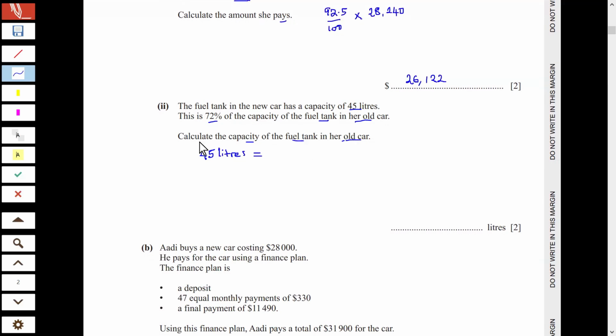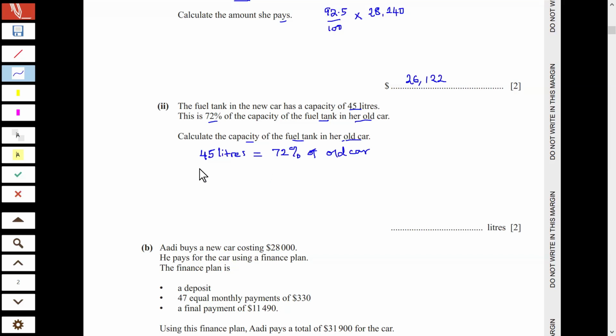Now 45 liters, compared to the old car, is only 72% of the old car. So 45 liters of the new car is equivalent to 72% of the capacity of our old car.